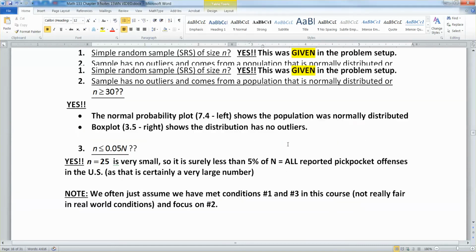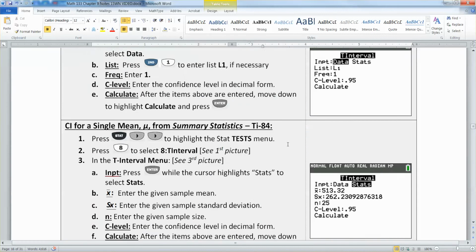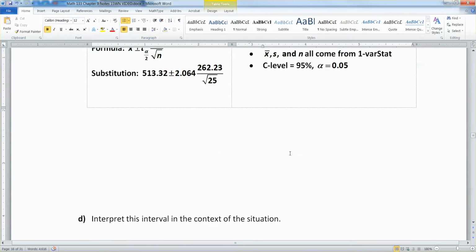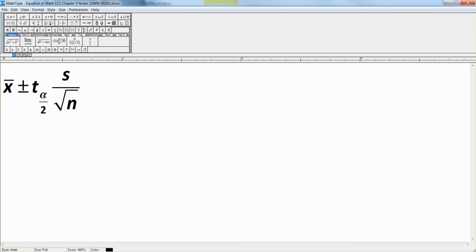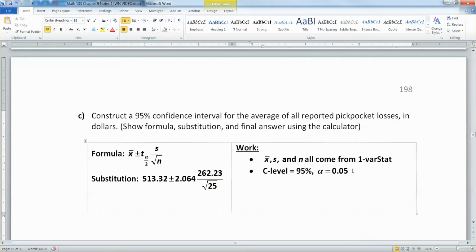When you look at the formula, it's right here. Alpha over 2. It says very explicitly what you need. So you need alpha over 2, and alpha over 2 is 0.025. Degrees of freedom is n minus 1, which would be 24.